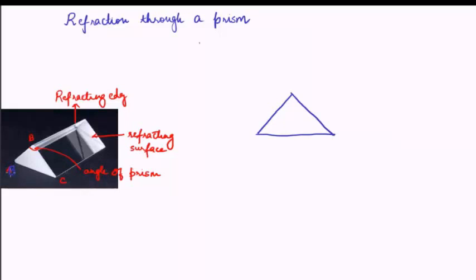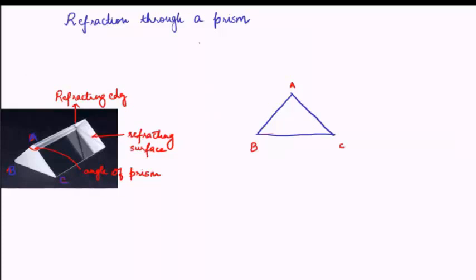Let's call this B, this A, and this C, such that BAC is the angle of prism. So this is the principal plane, this is our base of the prism, and this is the angle of the prism.